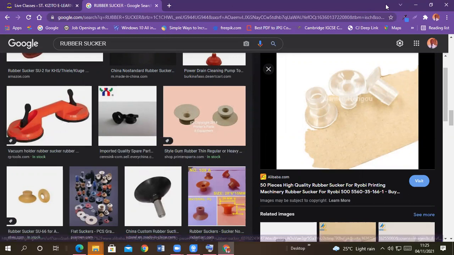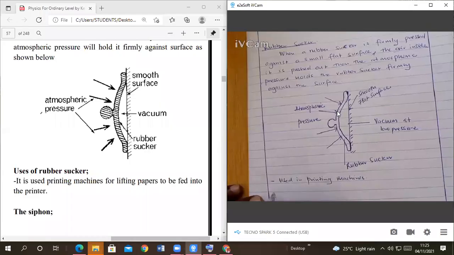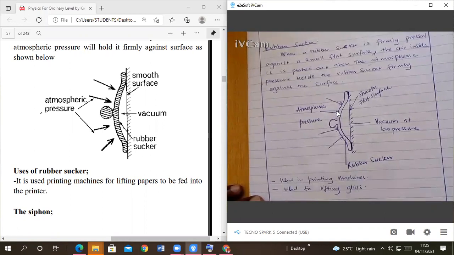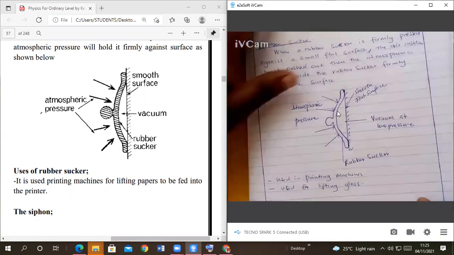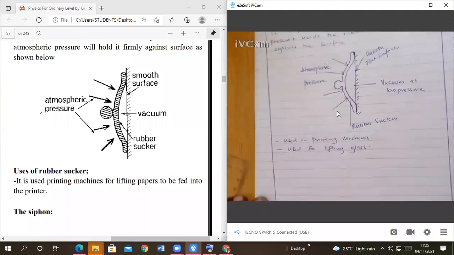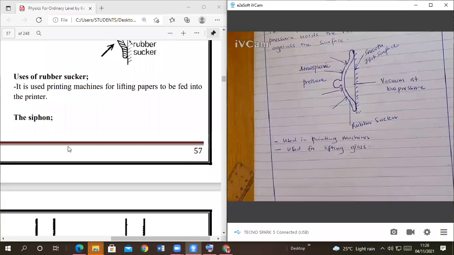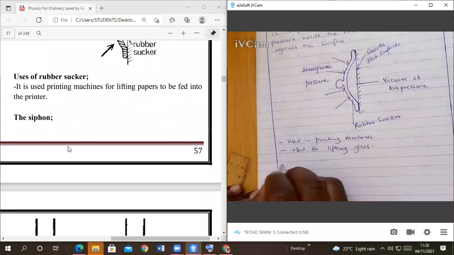So it can also be used for lifting glass. Okay, we can have those two uses, and then we can go to the next one, which is called the siphon. So look at the siphon.